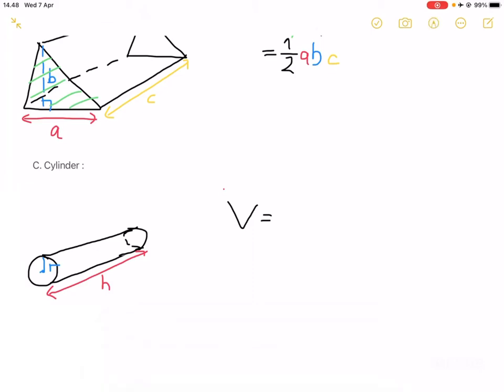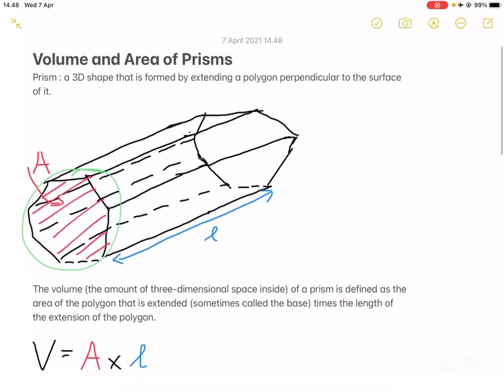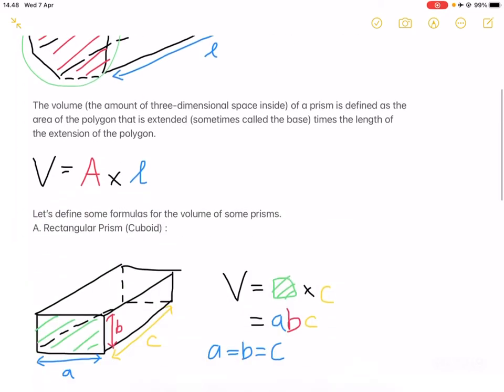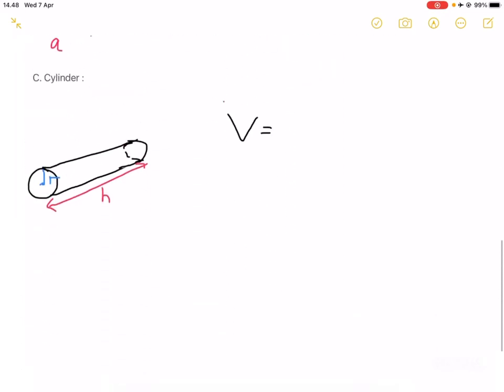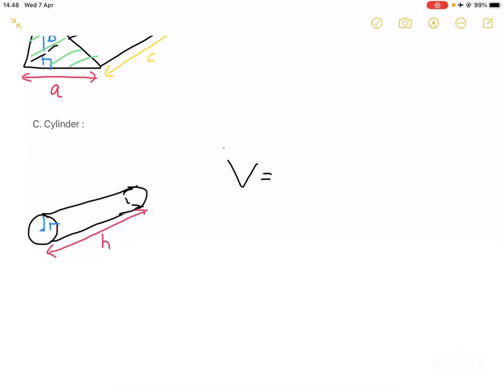Based on our definition, a prism is a 3D shape formed by extending a polygon, and a circle is not quite a polygon, so theoretically this is not a prism. But I would say this is almost a prism because it almost looks like one. So that's why I'm adding this to the list.